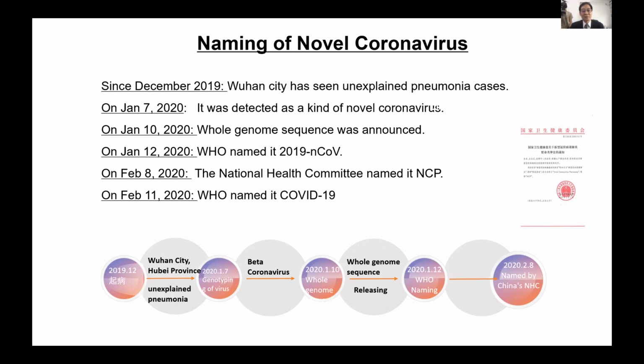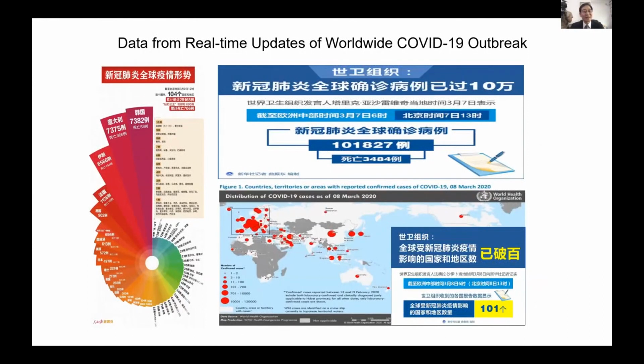On January 10, the whole genome sequence was published. On January 12, WHO named it 2019-nCoV. On February 8, the National Health Commission named it NCP in China. On February 11, WHO named it COVID-19. Every day, new data are updated in real time on the worldwide COVID-19 outbreak.